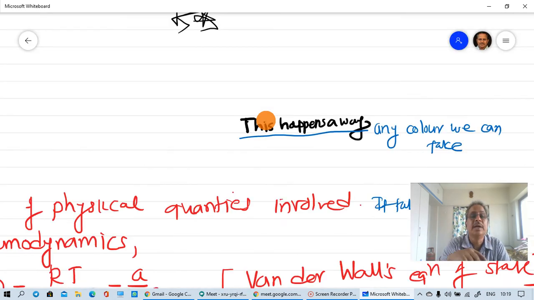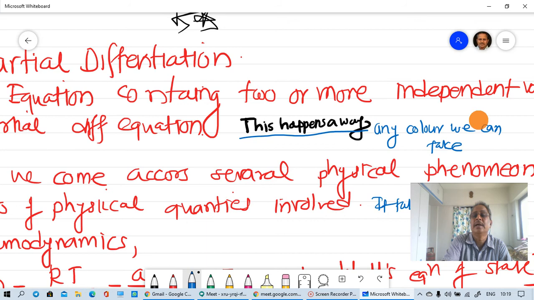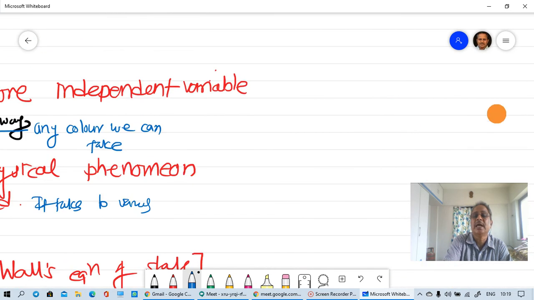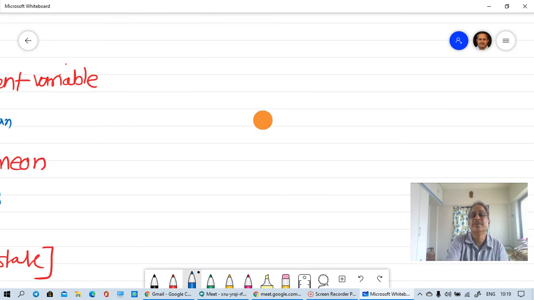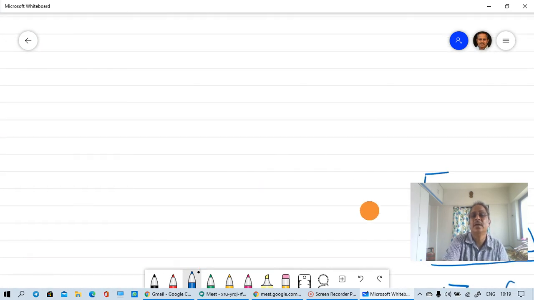So the quantities that we have written in the bracket are actually the partial derivatives. We can note that.